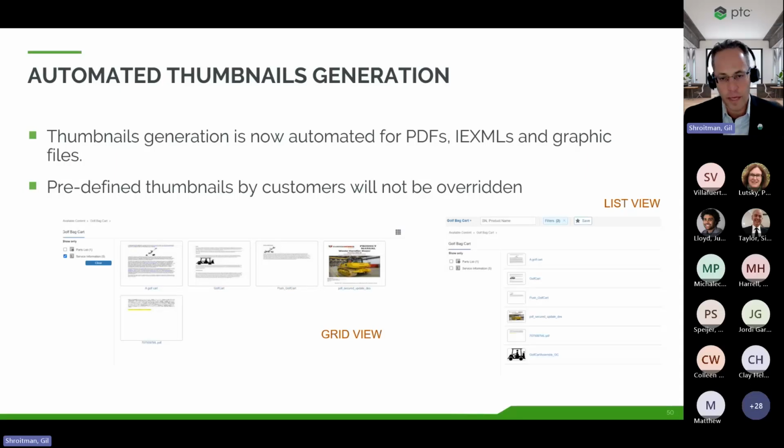So we have evolved a mechanism that automatically creates thumbnails based on the content, and we now support it for all types of content: PDFs, XMLs, and graphics files. And of course, it's not contradicting whatever thumbnails are already created in the system or manually created by customers in previous versions. So we are making sure this is backwards compatible with our existing customer data sets.